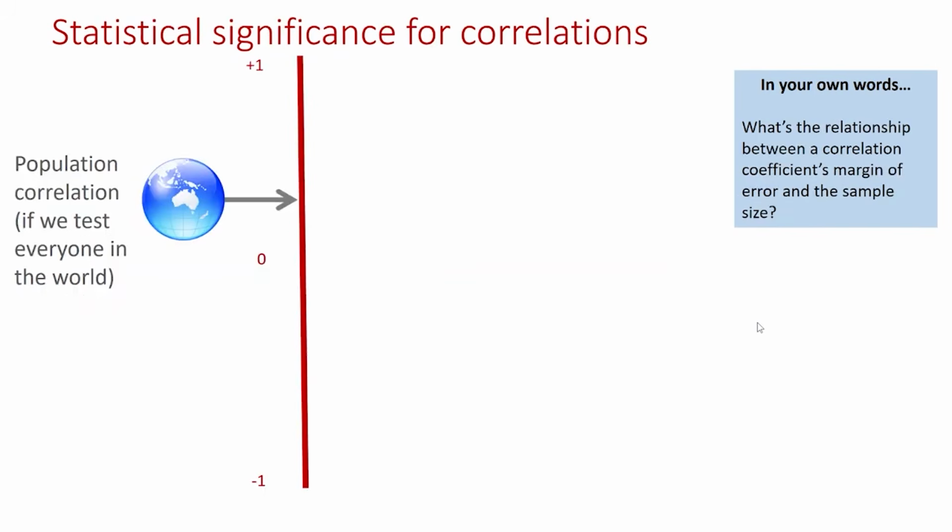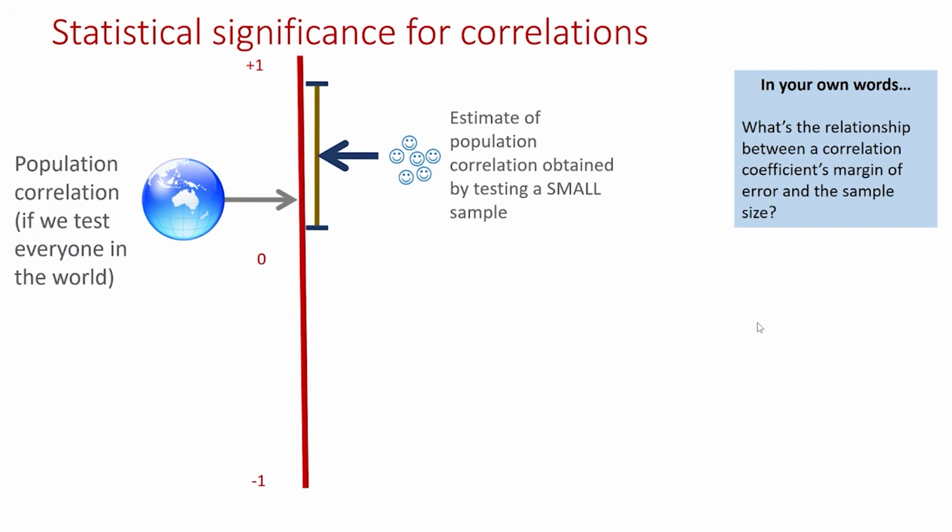Now let's talk about margin of error and correlation coefficients. When we are estimating our correlation using a sample, and in this case it's a relatively small number of people, we're using it to try and estimate what would be the population correlation if we tested everybody in the whole world.